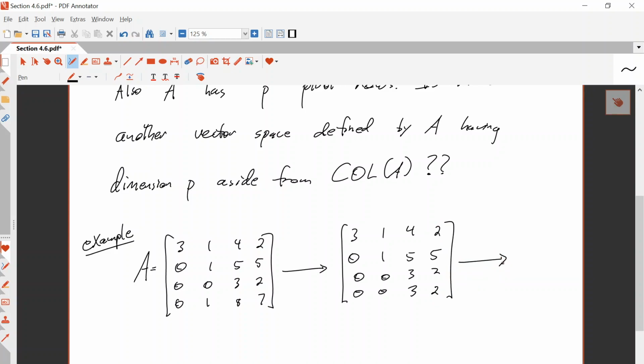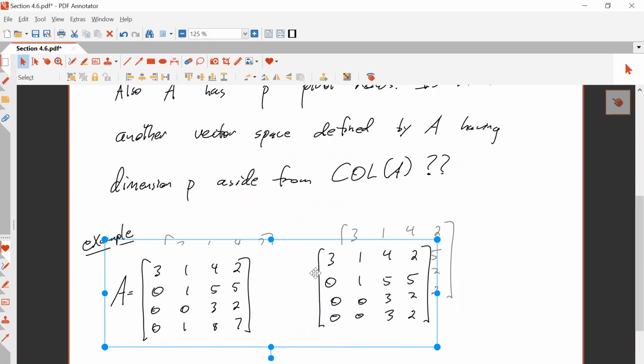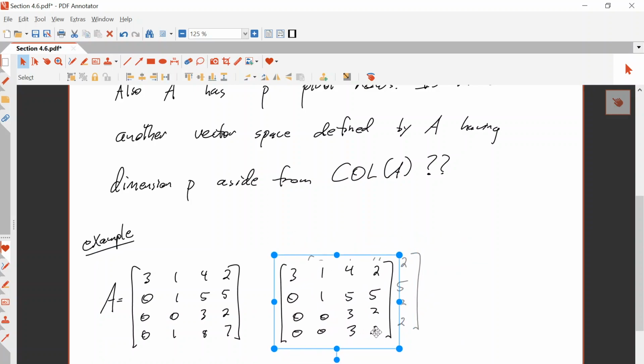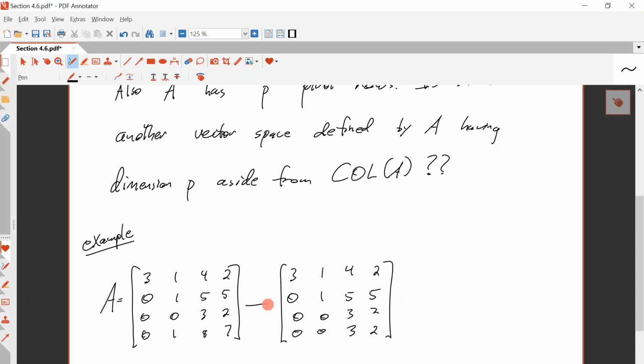Now we can reduce it a little bit further by subtracting row 3 from row 4, and that will give us a row of all zeros and reveal to us that A has 3 pivots. 3, 1, 4, 2, 0, 1, 5, 5, 0, 0, 3, 2, and then all zeros.